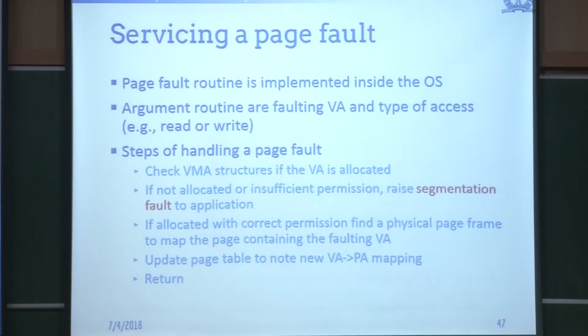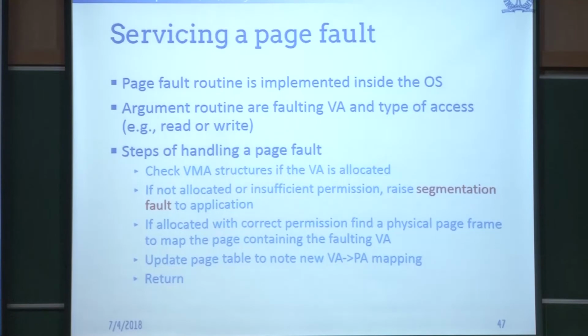So the steps of handling a page fault are the important part. As soon as it gets the page fault, it checks the VMA region. If the VMA region for the corresponding virtual address range exists, it means the application is trying to access a legal virtual address, because it asked for it before. It's just that the operating system did not allocate it.